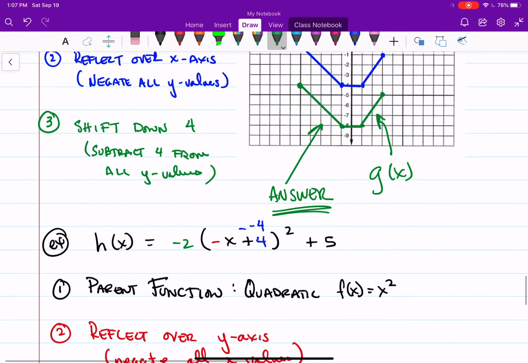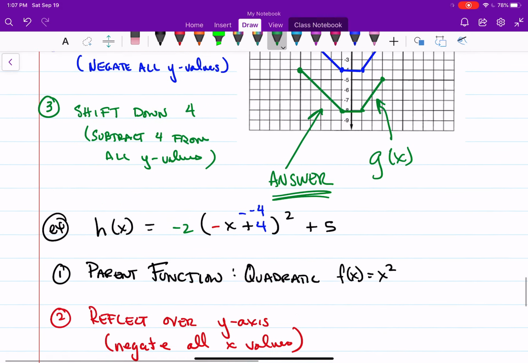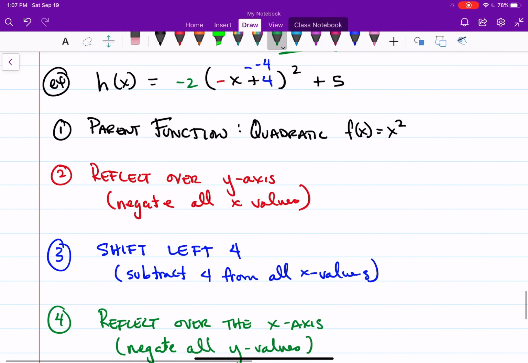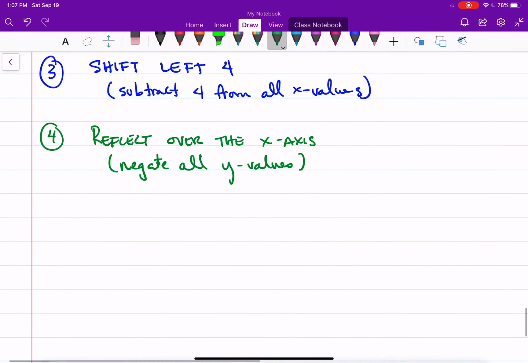And what else? What does a 2 do? So 2 is affecting the y, right? So if it's affecting the y, what is it doing? It's doing a vertical stretch.